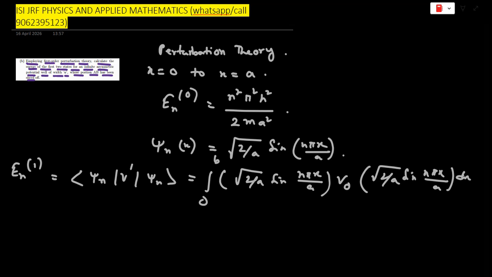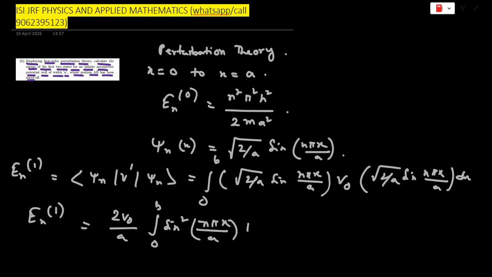So this will be equal to 2 V0 by a, integration 0 to b, sine square n pi x by a dx.